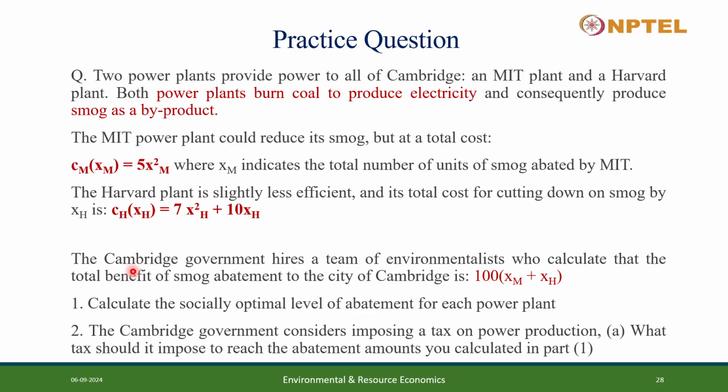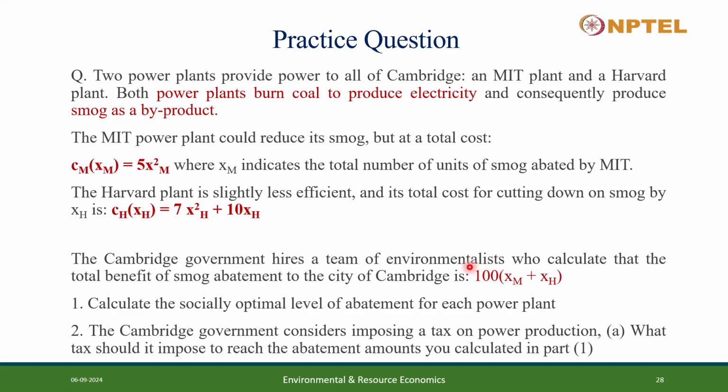We are also given the total benefit of the smoke to the city, which will be 100 times xm plus xh. So we are given the cost of abatement, as well as the benefit of abatement.